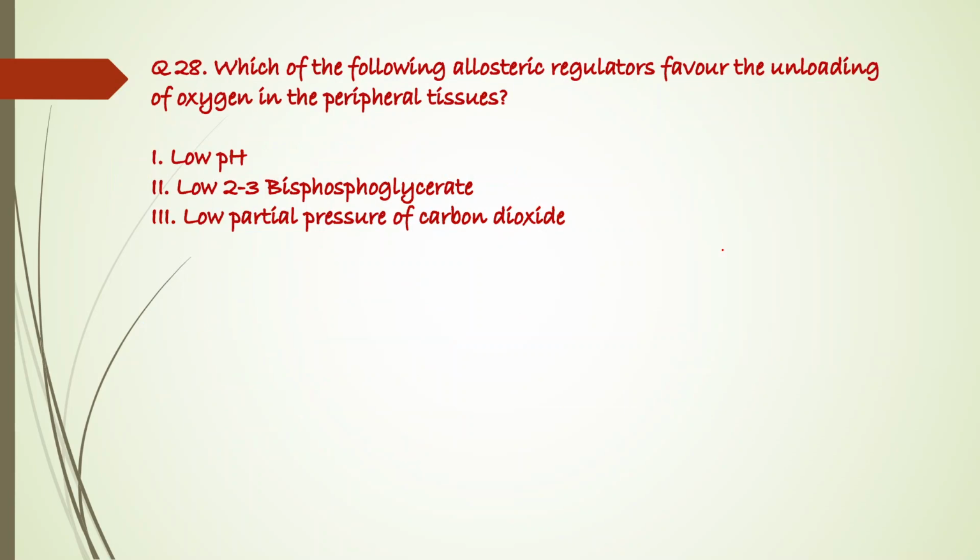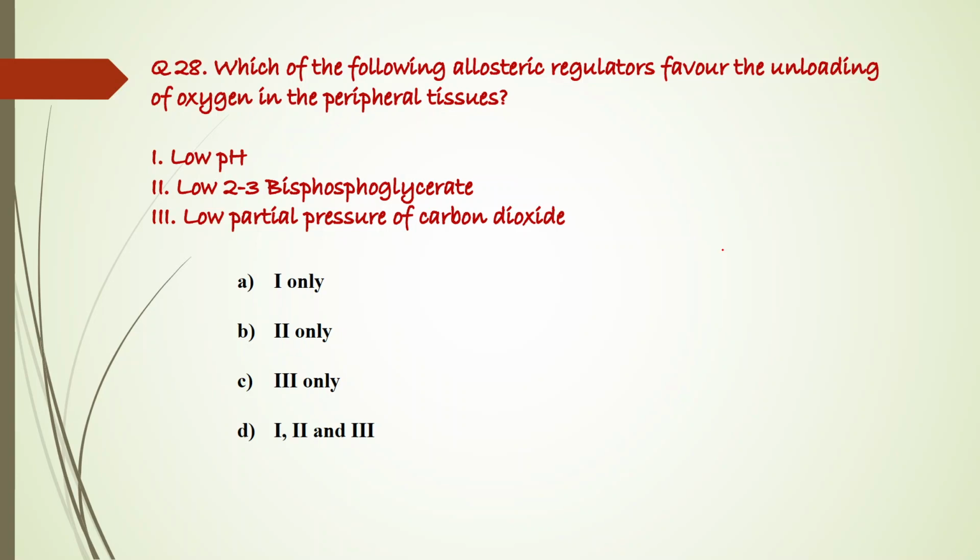So let us move to the next one. I think we also know this. Which of the following allosteric regulators favor the unloading of oxygen in case of peripheral tissues? So what happens in case of tissues? In case of tissues, the hemoglobin unloads the oxygen molecules in expense of binding with H plus and CO2. We already know that.